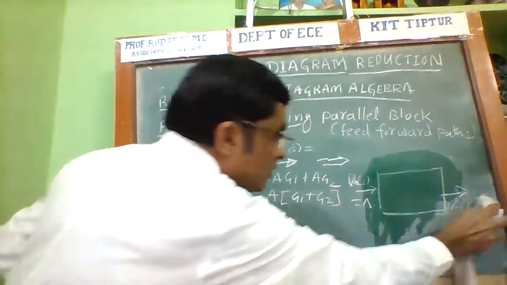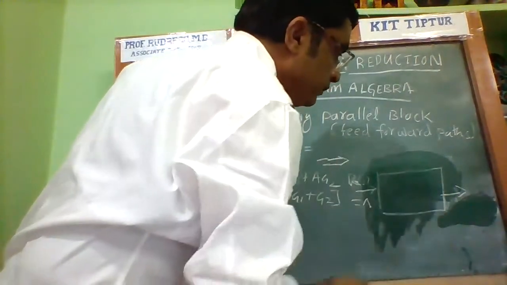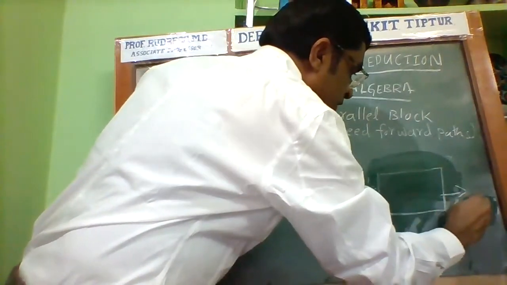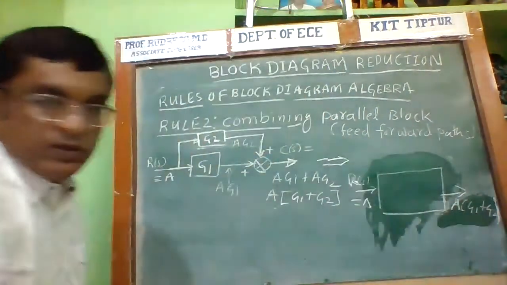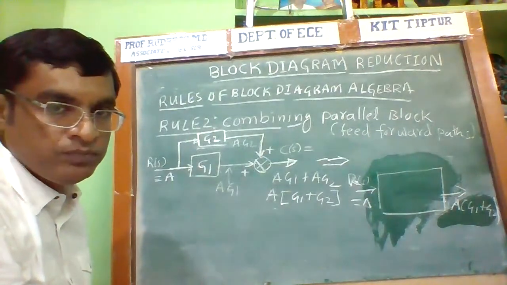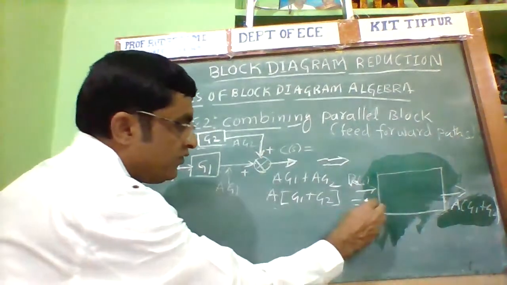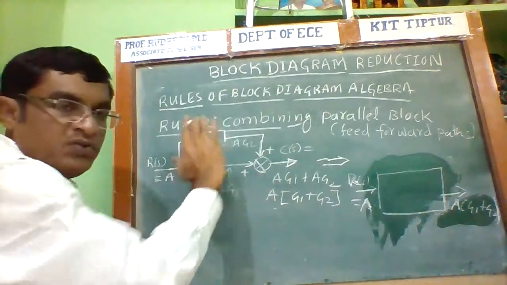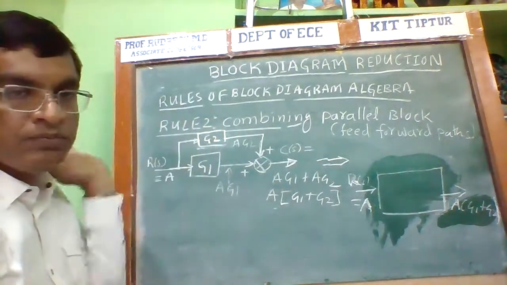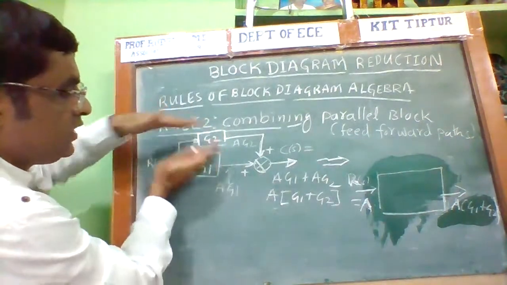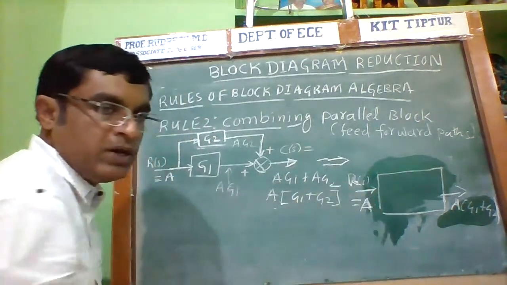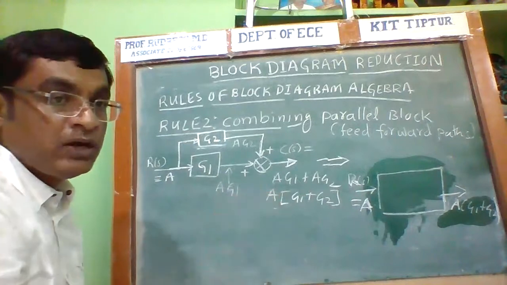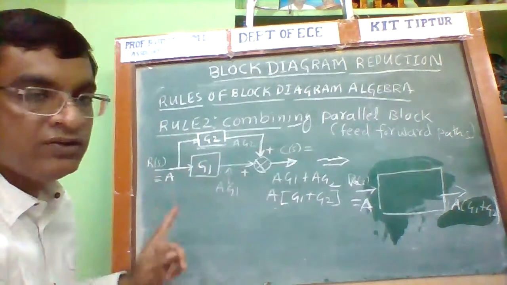If I want to reduce this block diagram, any modification made on the diagram should not alter the input and output relation.